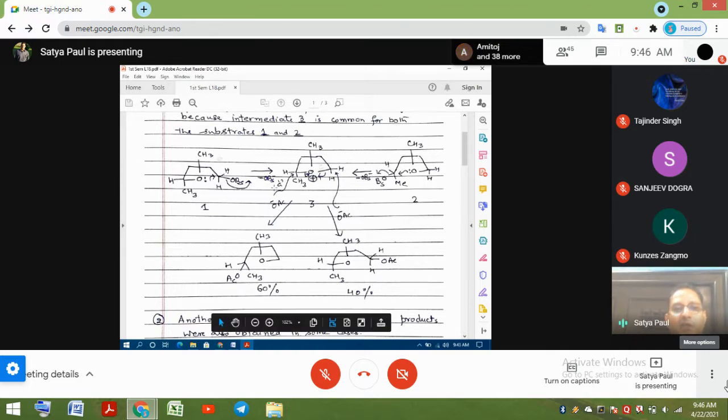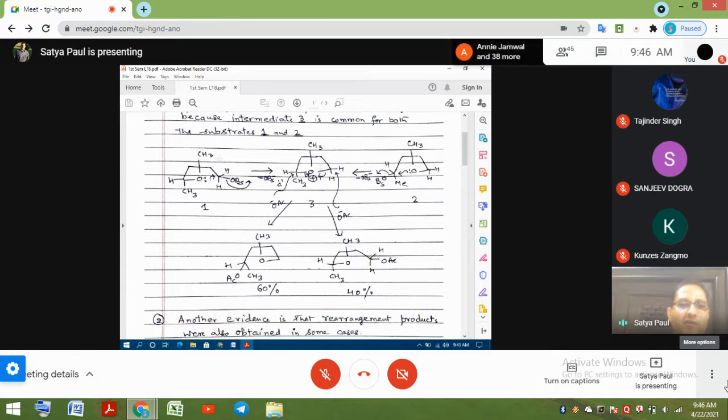So we will get the same mixture. So this is the evidence, because this intermediate 3 is formed when oxygen is acting as a neighboring group. Okay? Is it clear now? Yes, sir.